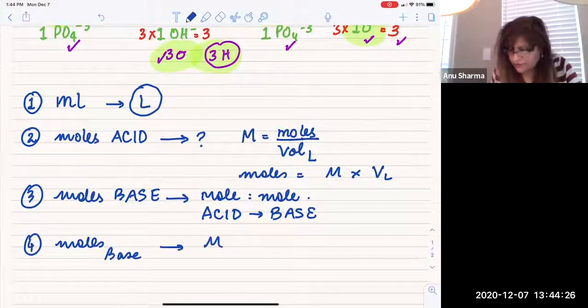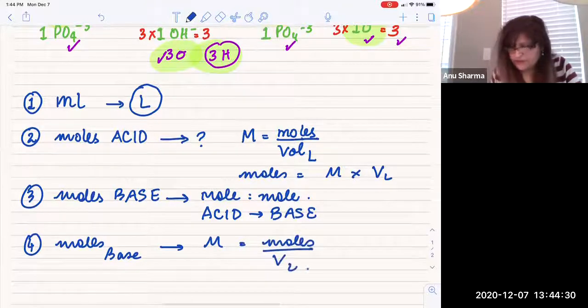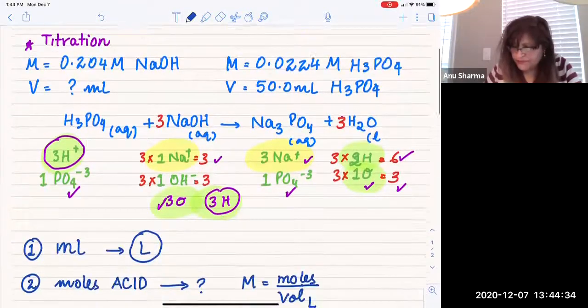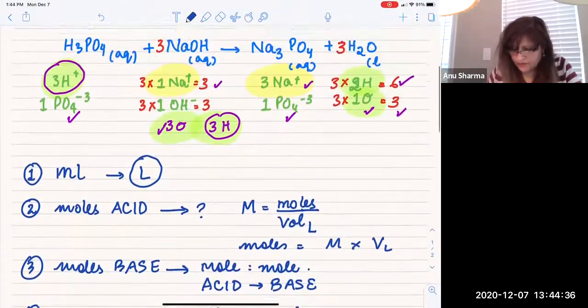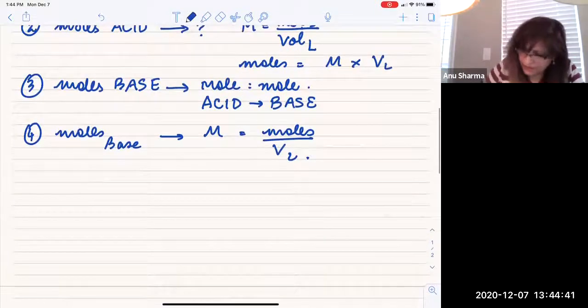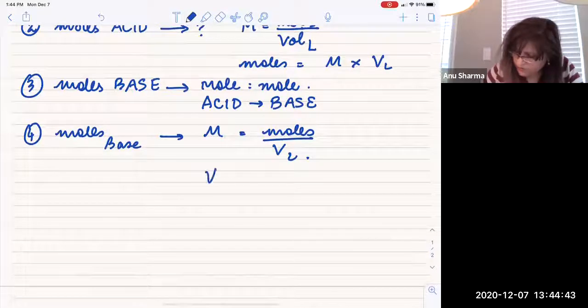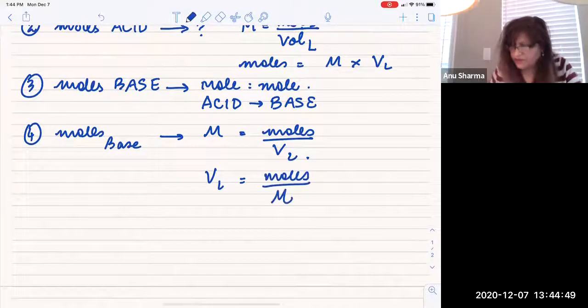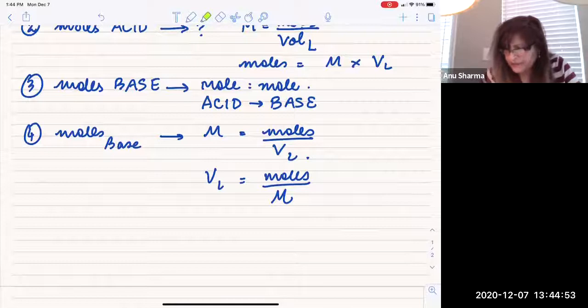And how do you do that? Molarity is equal to moles over the volume in liters. And this is the reason why we need to convert the volume. In this case, the molarity is given, so we use moles over the molarity. This is a different example I took.